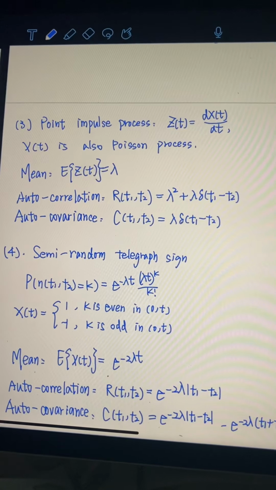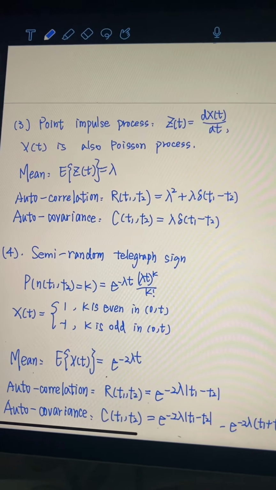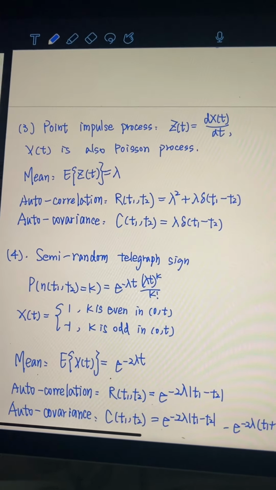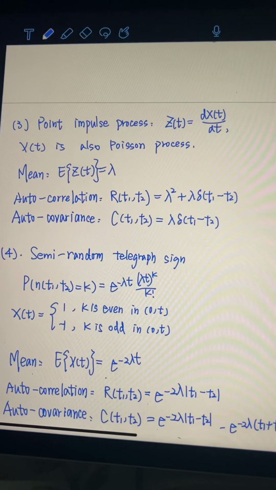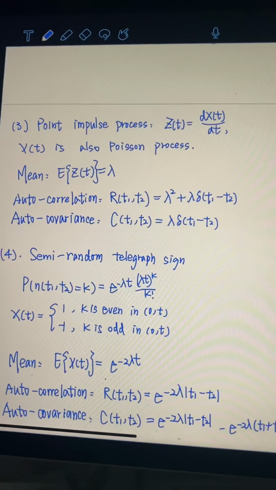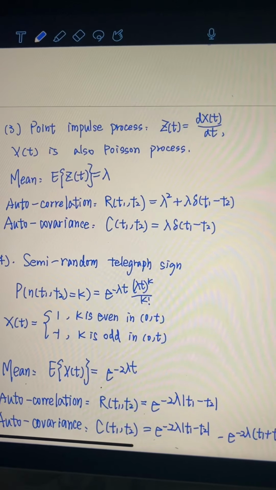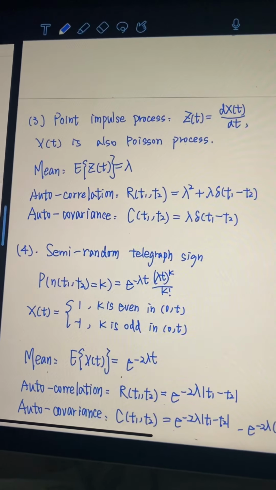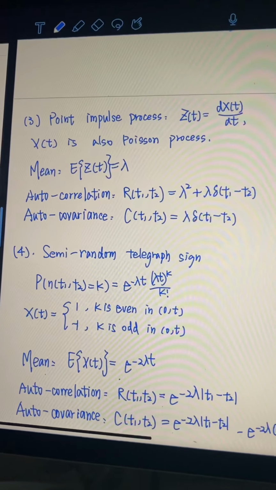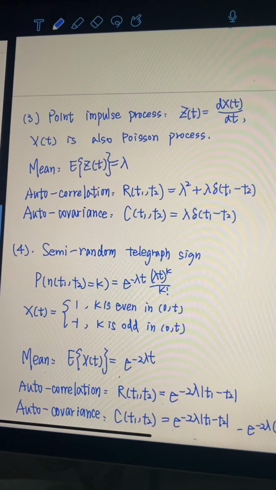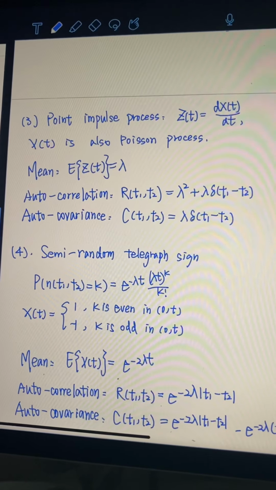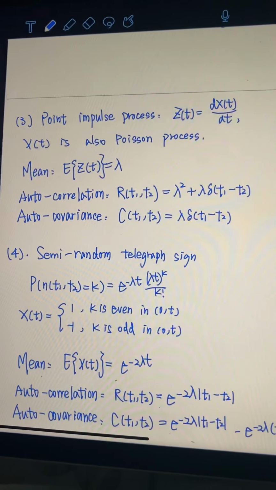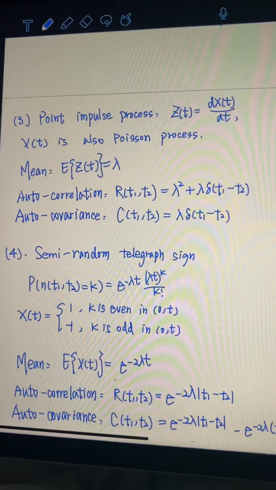As for the semi-random telegraph signal, P(n(t1, t2) = k) is equal to e to the minus lambda t times (lambda t)^k divided by k factorial. In this case, X(t) is equal to 1 when k is even in (0, t), and equal to negative 1 when k is odd.